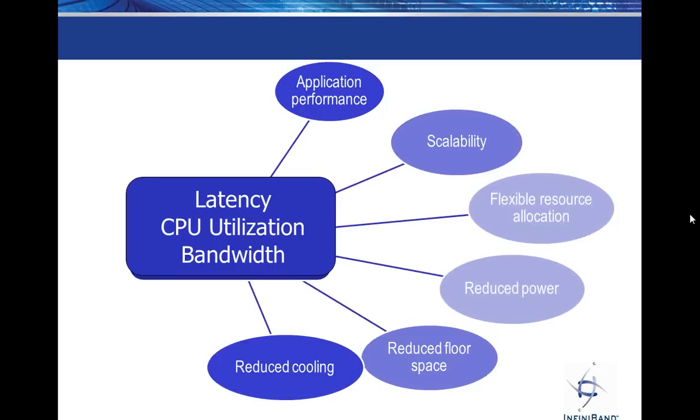Things like scalability in the data center, flexible allocation of server resources, improvements in CPU utilization, reducing the need for the number of servers in the data center. That reduces the footprint, which reduces power and cooling requirements, and so forth and so on. So there are a whole host of higher level value propositions that flow from the basic value proposition of the I/O architecture itself.